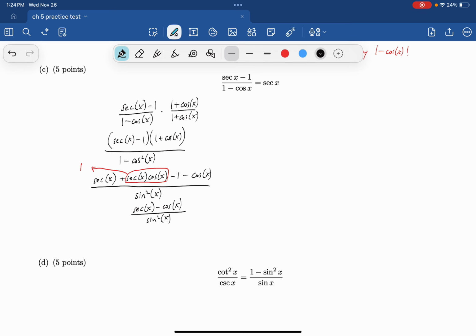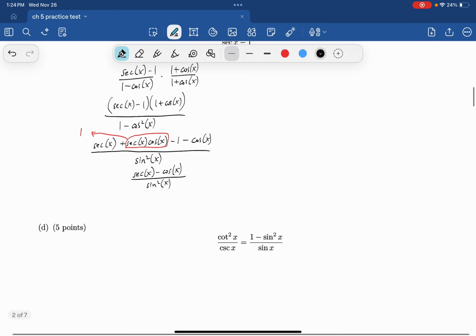Okay, now it looks like we're kind of stuck. And so, when you're stuck, a good trick is to always convert everything into sines and cosines. And so that's what I'm going to do. I'm going to convert that secant into a 1 over cosine.